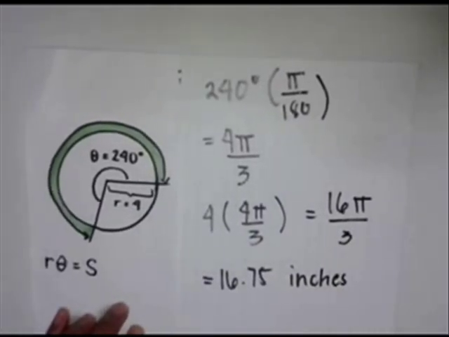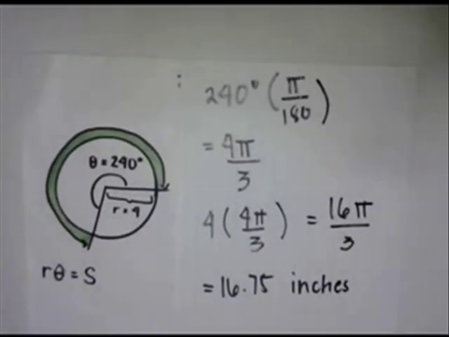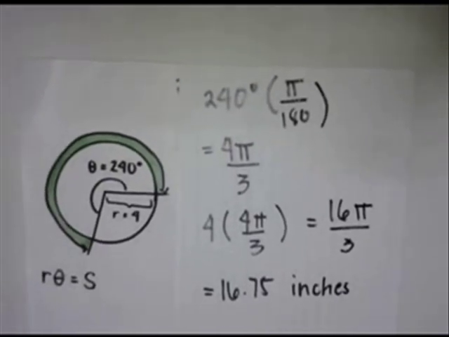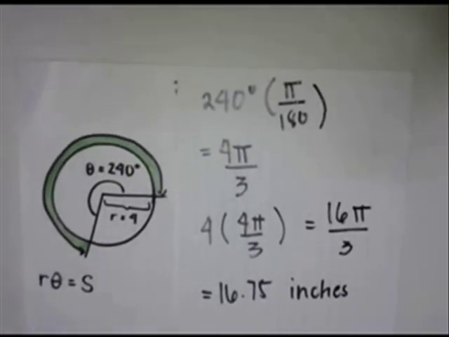Note that the units for r theta are determined by the units for r because theta is given in radian measure, which has no units. That's all.